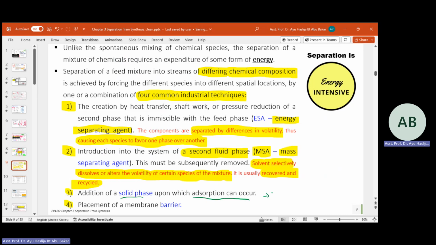This one, the PSA, pressure swing adsorber. The fourth technique is the placement of a membrane barrier. Separate them using the membrane.